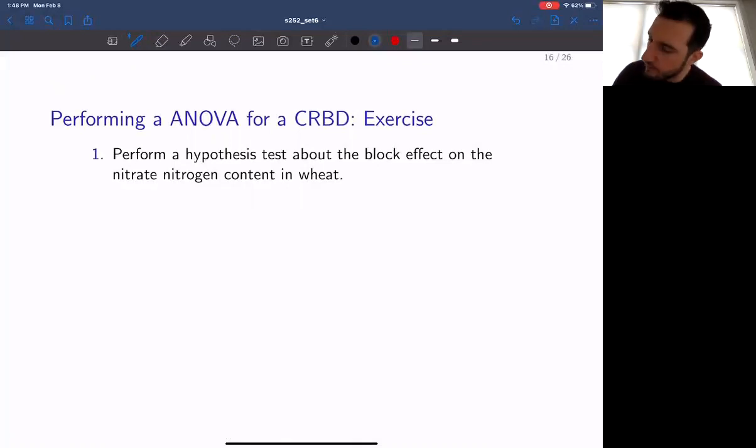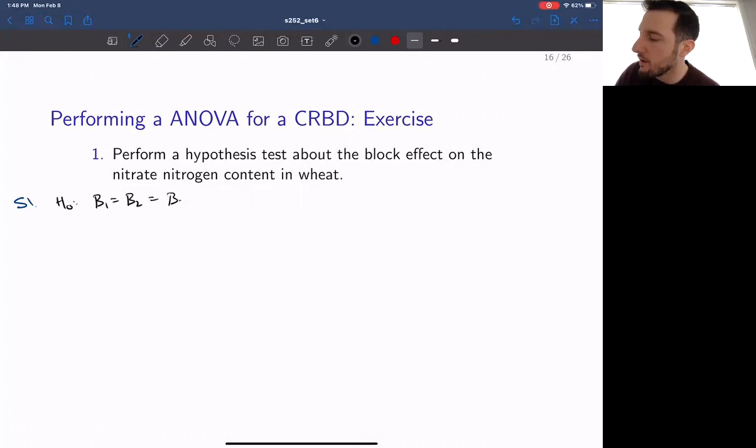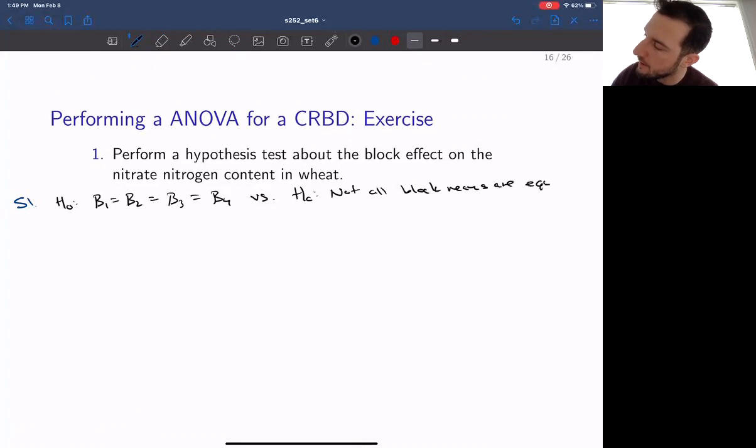So performing this test would be very similar to what we saw for the treatment. So we'll have beta 1 equals beta 2 equals beta 3 equals beta 4 versus the alternative, not all block means are equal.